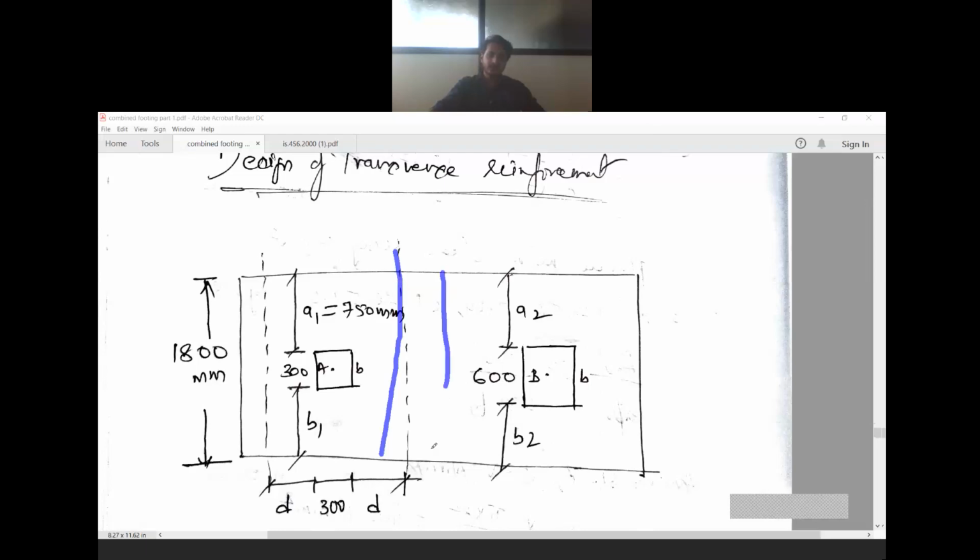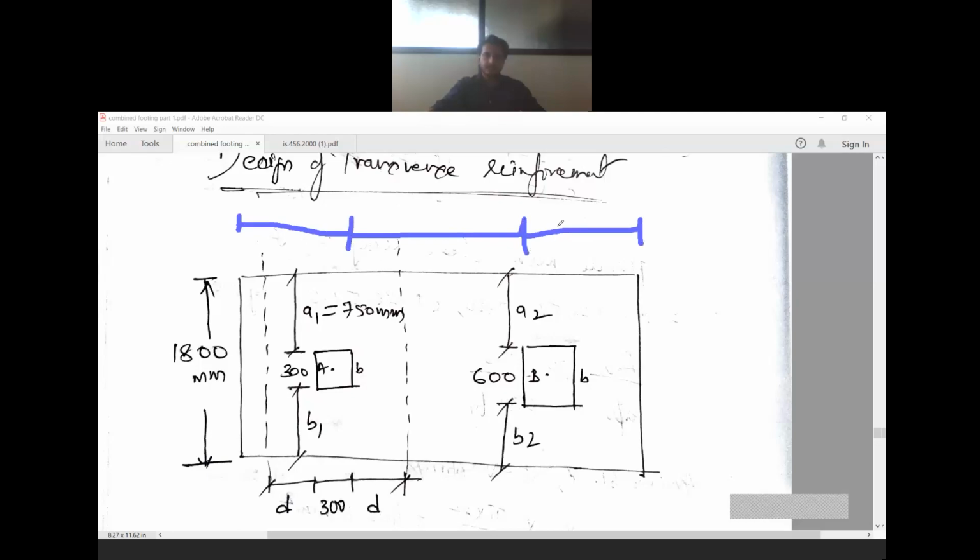For different areas under this consideration there will be different sets of reinforcement. This I will call the V1 portion, this is the V2 portion, and this is the central portion.